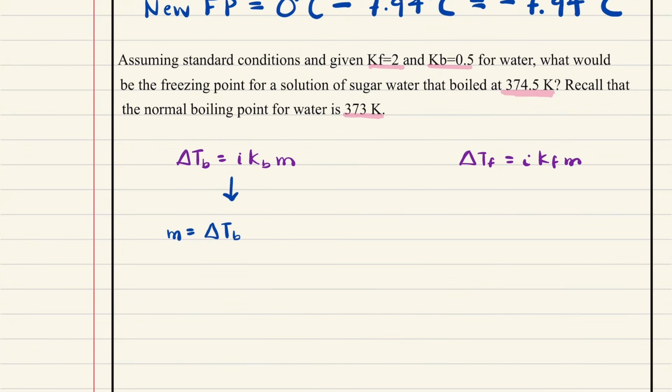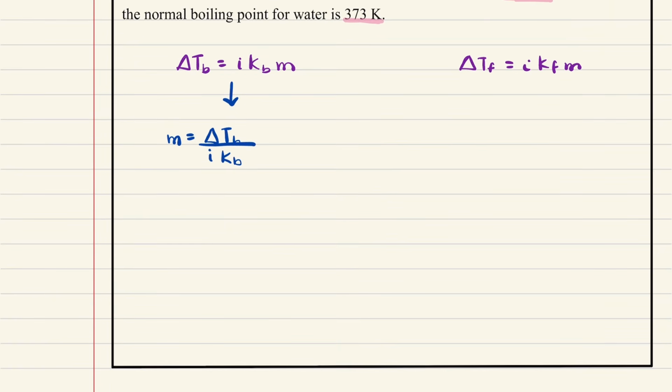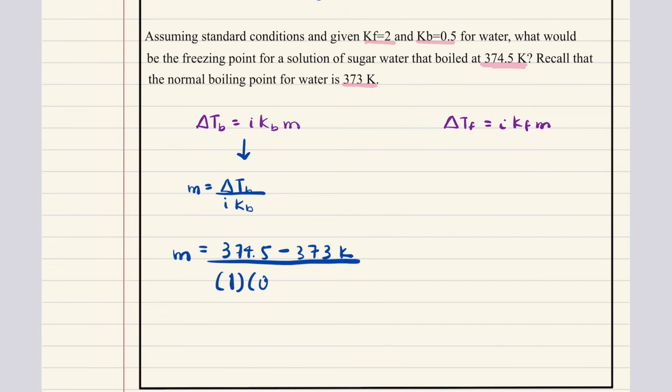So now the elevation in boiling temperature is delta Tb, and that is equal to 374.5 Kelvin minus 373 Kelvin. That is equal to 1.5 Kelvin. For our sugar water solution, for the sugar itself, the Van't Hoff factor i equals 1 because it's not going to dissociate. From here, we can solve for molality by rearranging the equation for boiling point elevation.